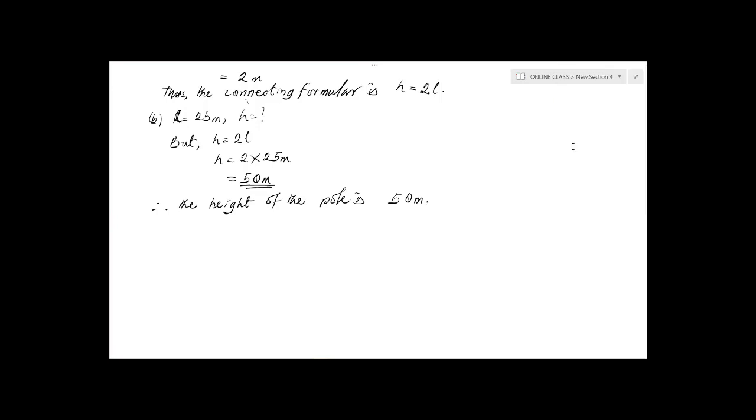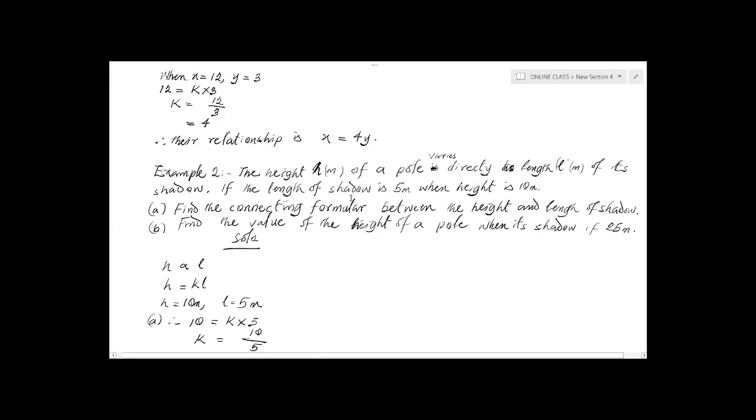Okay, let me take it back. The question says that the height H, measured in meters, of a pole varies directly as length L, that is L represents the length of its shadow. They now say that if the length of the shadow is 5 meters, the height is 10 meters.